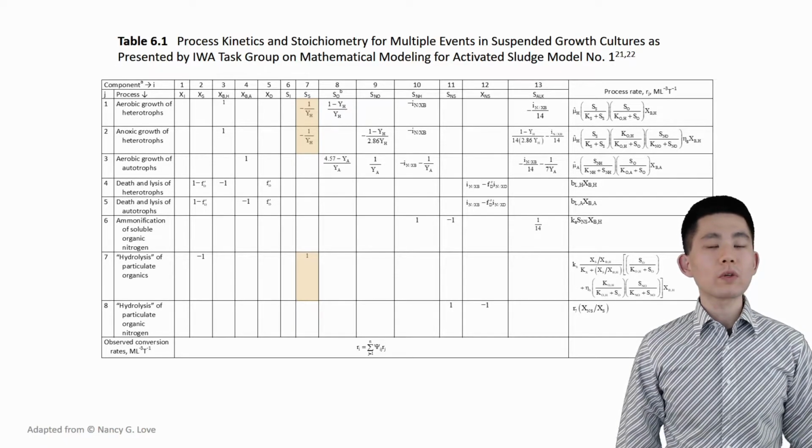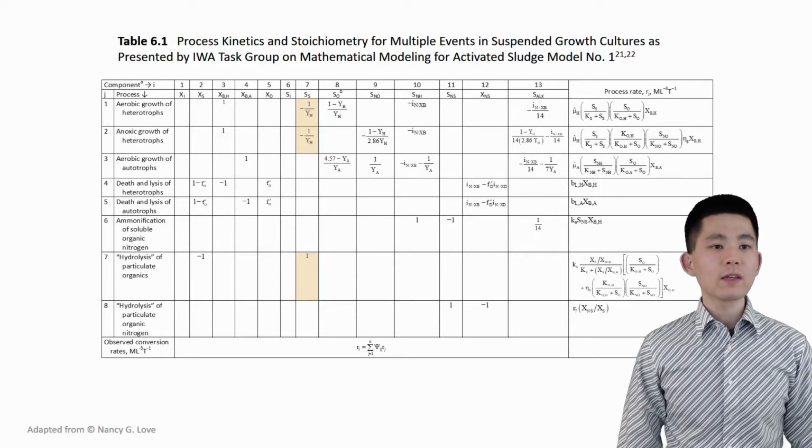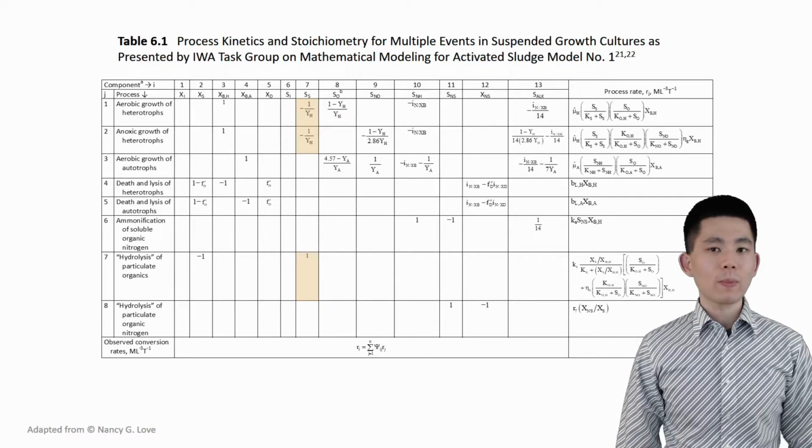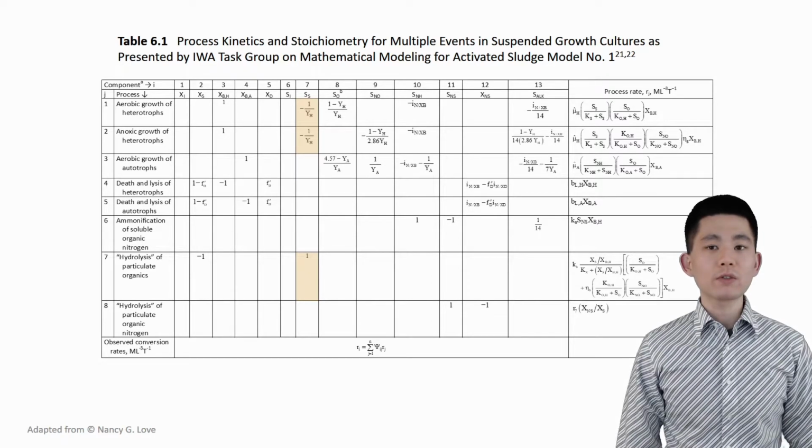Note that the stoichiometric coefficient for S sub S for aerobic growth and anoxic growth are negative, as S sub S is consumed in those processes, but it's positive for hydrolysis as S sub S is generated during hydrolysis.